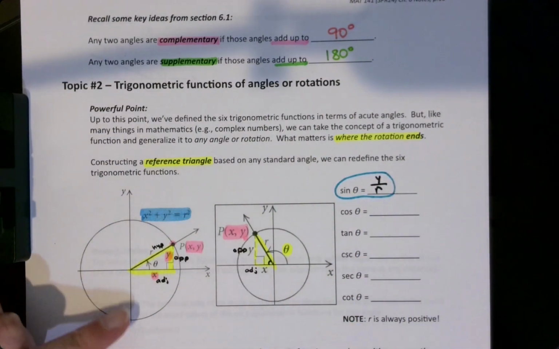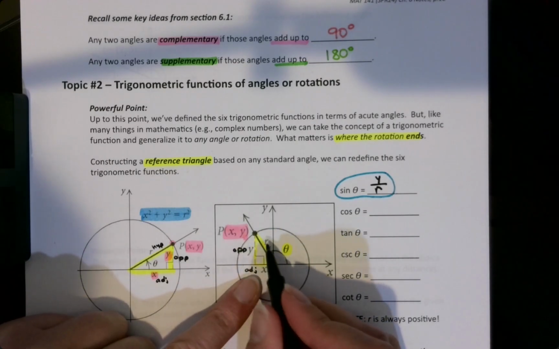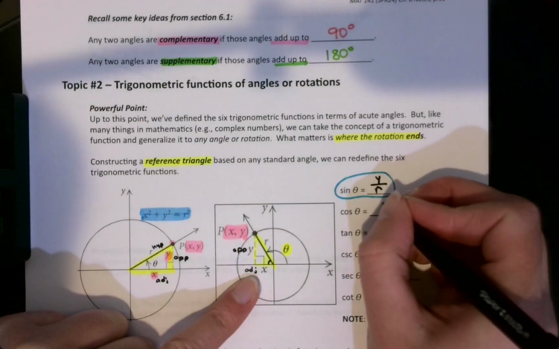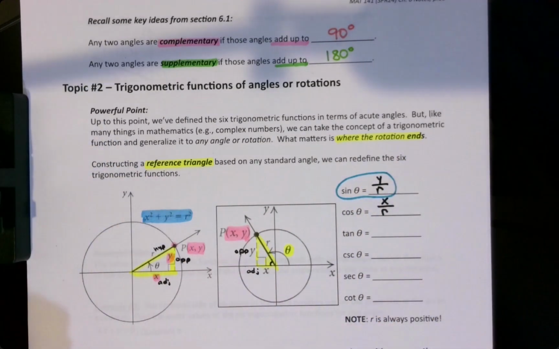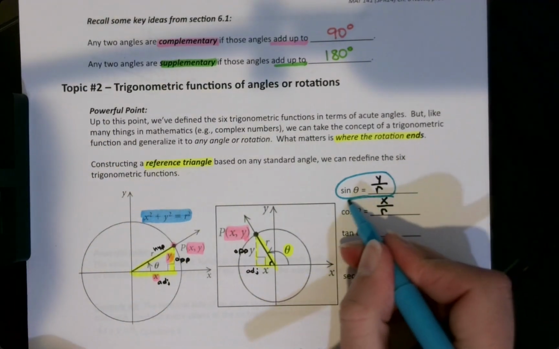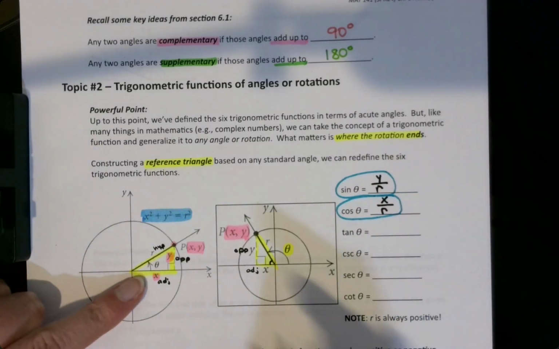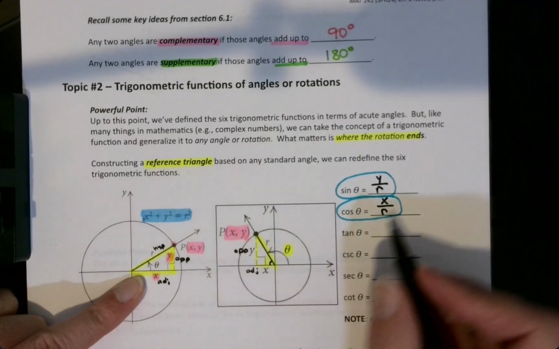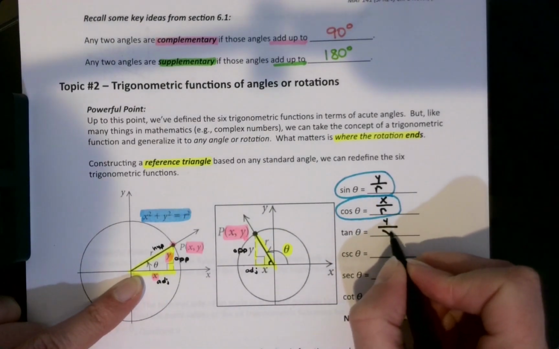The cosine would be equal to the x coordinate divided by the r value, adjacent divided by hypotenuse. So that's going to be x divided by r for cosine. The tangent is equal to the opposite divided by the adjacent. So that's going to be the y value divided by the x value.